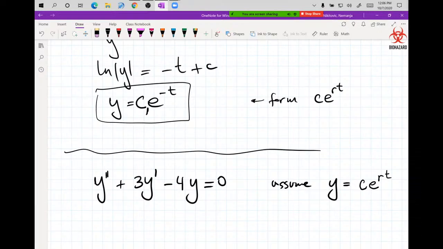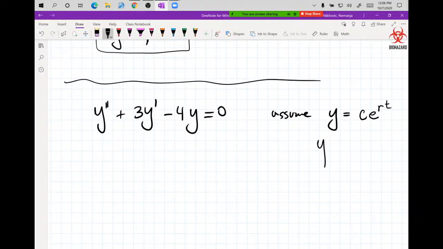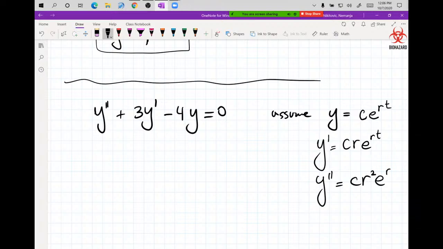So you ask, would this solution be good for any order? And you find the derivatives. y prime is going to drop down this constant r, so it's going to be c r e to the rt, and then y double prime is going to be c r squared e to the rt. When you take another derivative, it drops another r down. r times r is r squared.